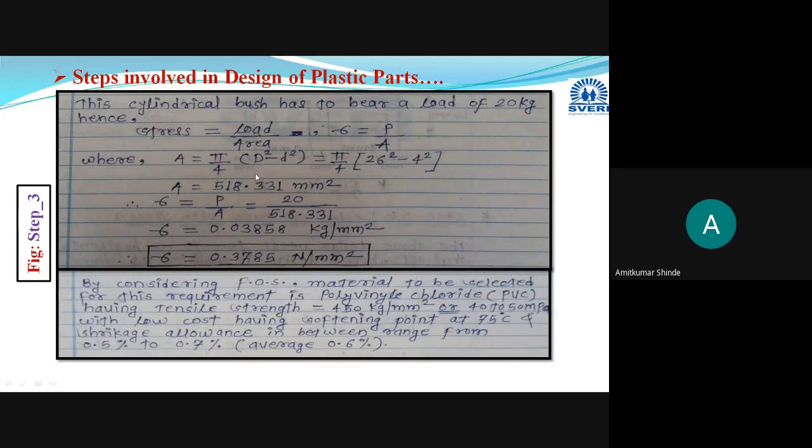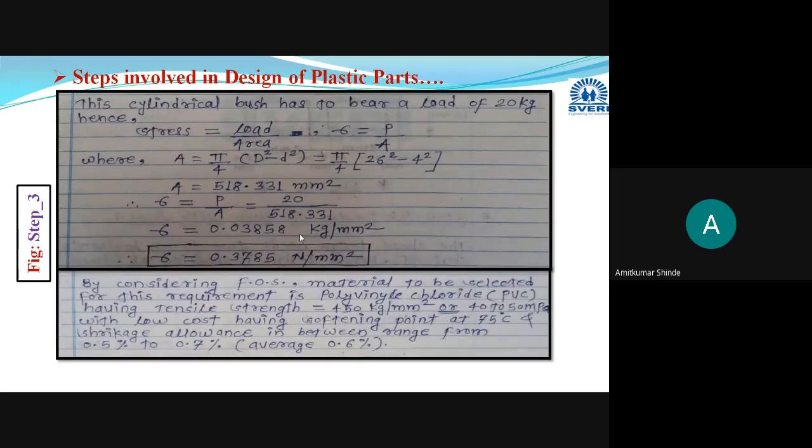Then this will be area in millimeter square, and then this will be your stress value. The stress value will come in kg per millimeter square. As load is in kg, you can convert it to Newton also by just multiplying this value by 9.81. You will get it in Newton per millimeter square.